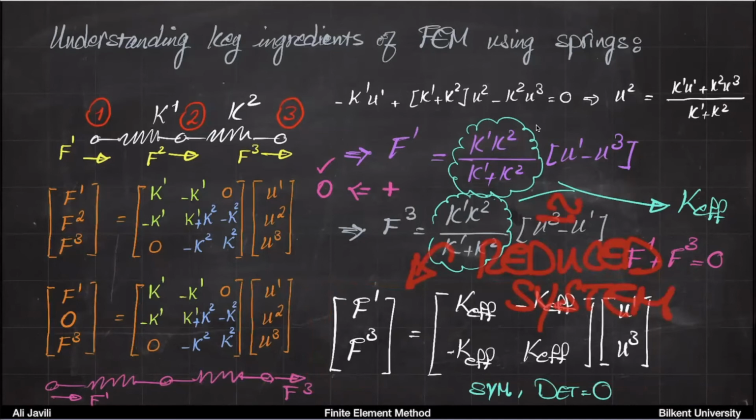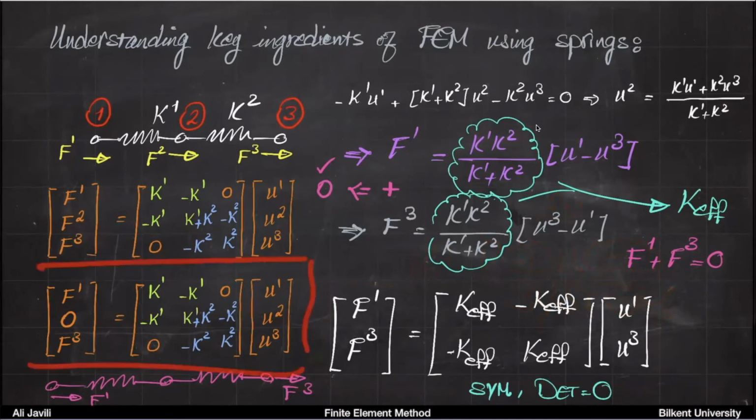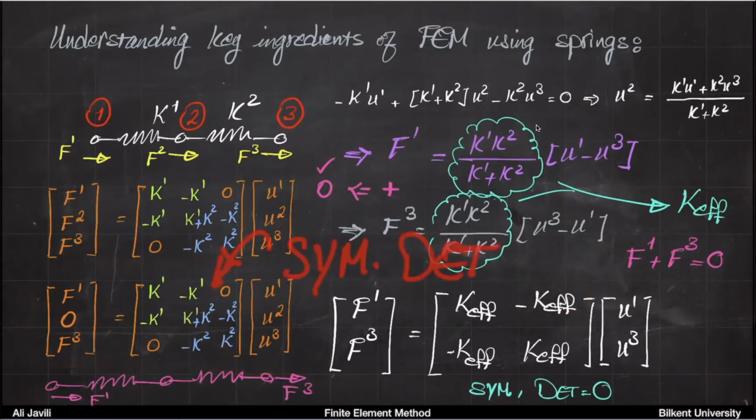This is not exactly reduced system. Reduced system is something else, but it's something like this. It's a system that has a size reduction. The idea of reduced system is a different thing, but the outcome is maybe not so different. But anyway, you can see that also in this system, if you look at the stiffness, this would have been also symmetric, and determinant would have been 0.